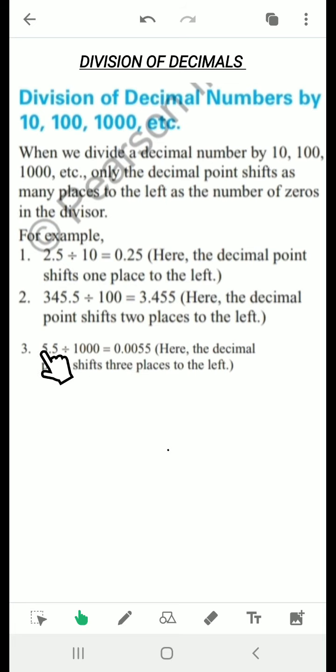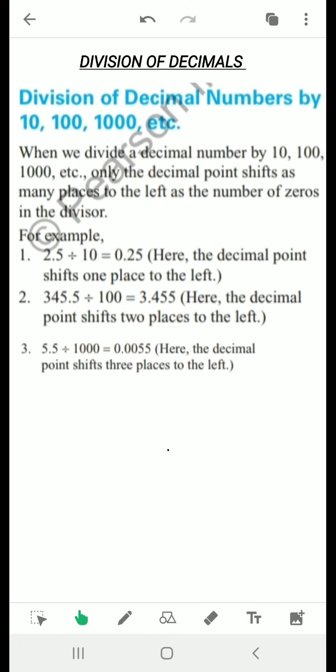So we put 5, and before 5 two zeros, so it will be 0.0055. Why did we place 0 there? Because we need to shift the decimal three places to the left, but we have only one place, so we put two zeros.